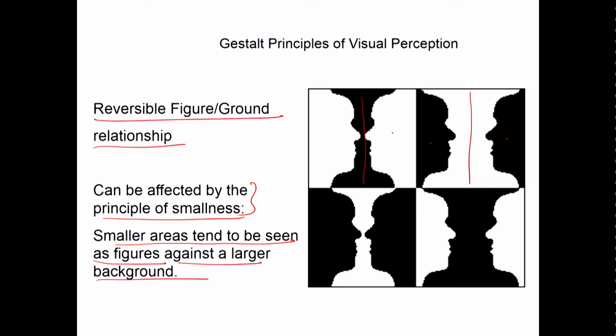How small, again it is relative, with respect to the background. So, in the first image, if you look at it, the black shade is a smaller one, the white shade is a bigger one. So, the black shade is considered as the foreground.